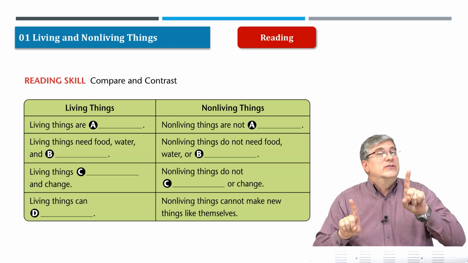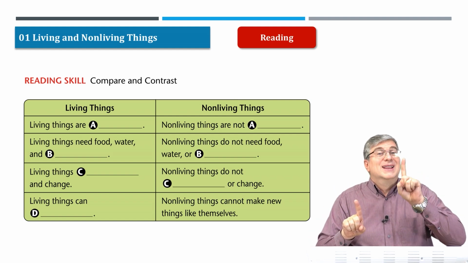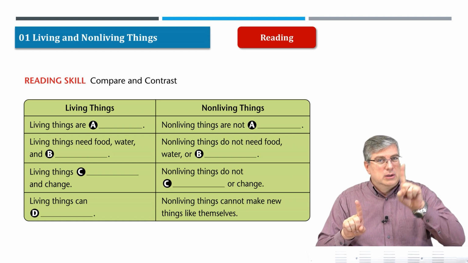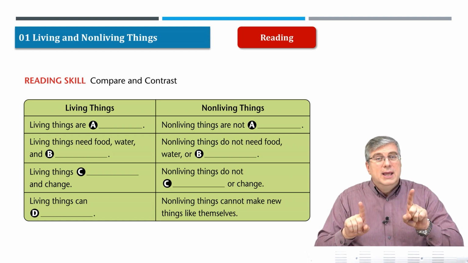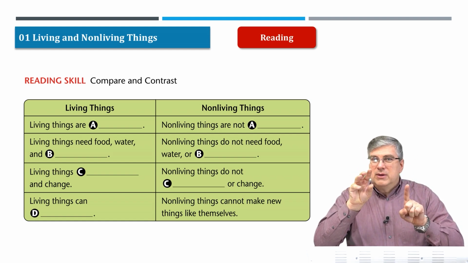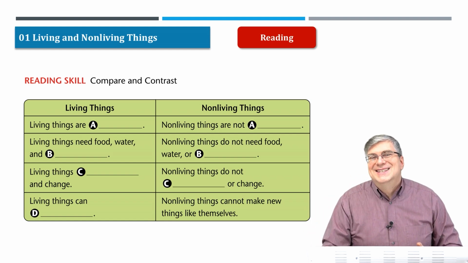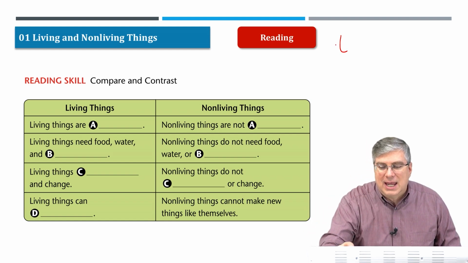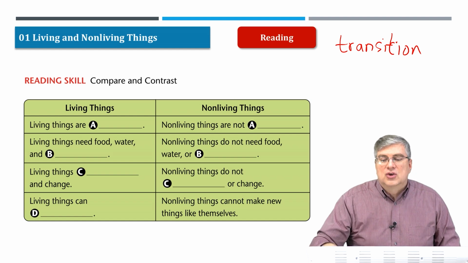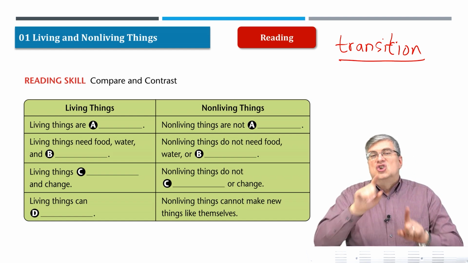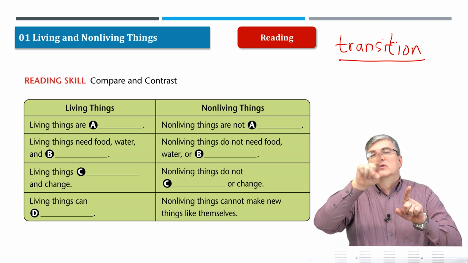First we read about living things, and we learned what living things do. Then, in the middle of the passage, we changed, we switched, we transitioned, right? We had a transition. A transition is when you change from one subject to another.